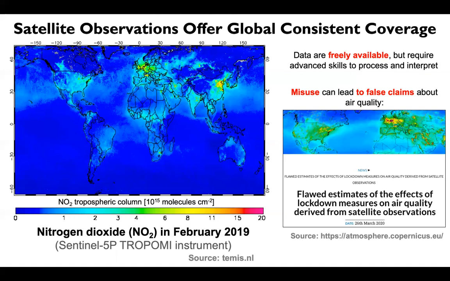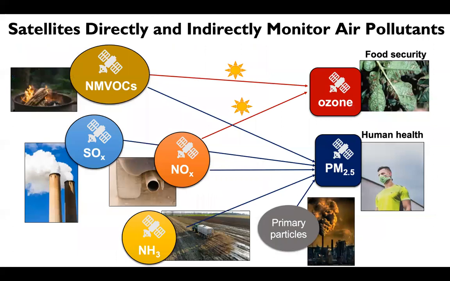I'm just showing a link to the headlines from an article that spoke about this issue, essentially not using the correct data quality flags to filter out scenes with clouds that lead to large errors in these satellite observations.